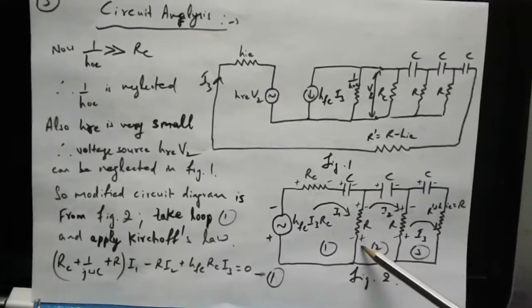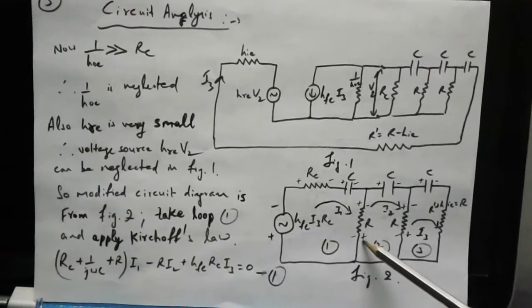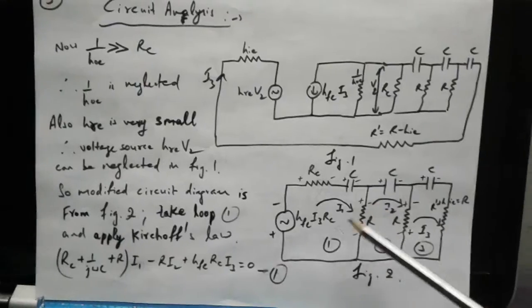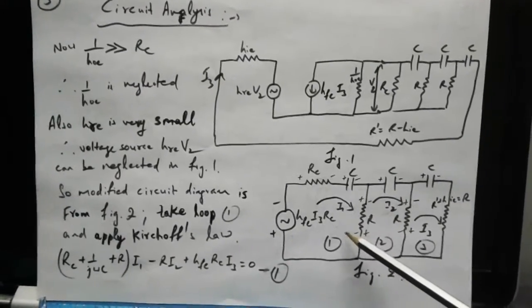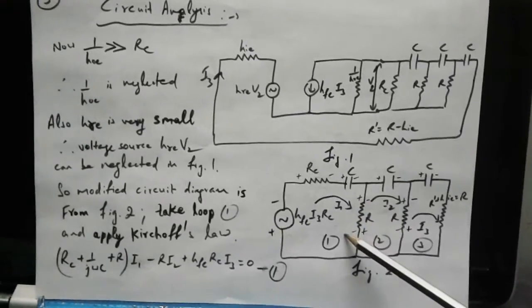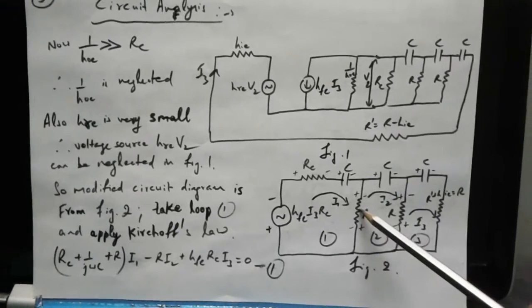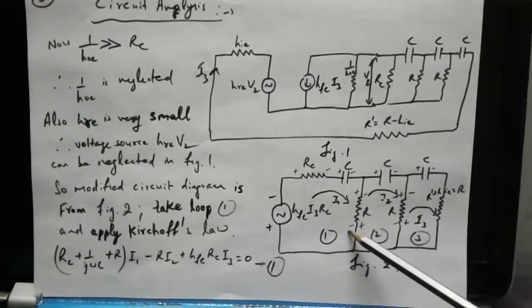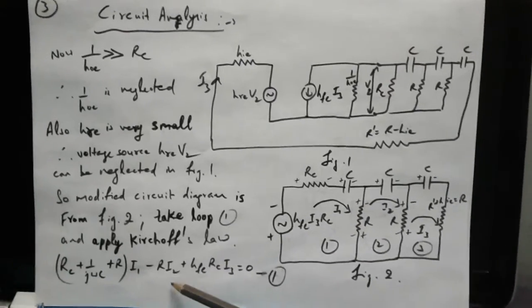You just take care that in the second loop I have taken plus and minus, but when we consider the first loop, you just have to take the signs of the first loop only. So I2 current, when it is moving through R, is moving from negative to positive. That is why it is a negative term.